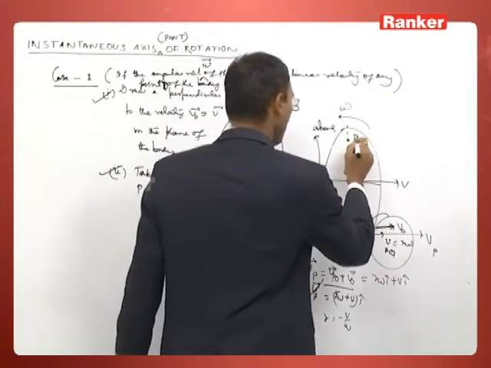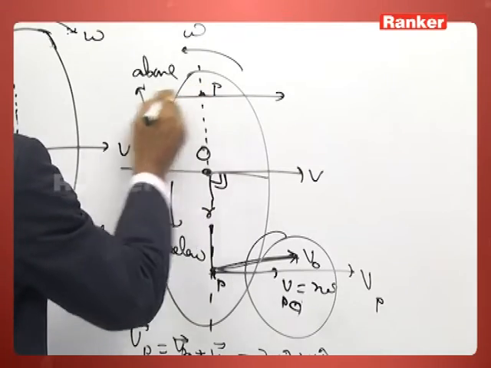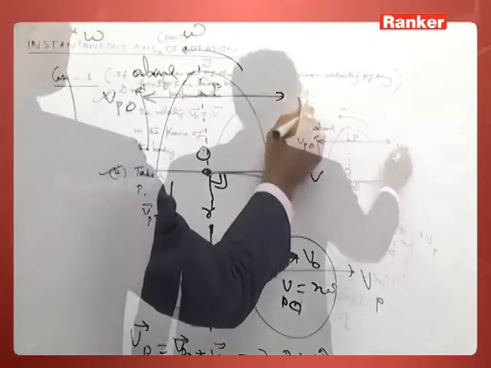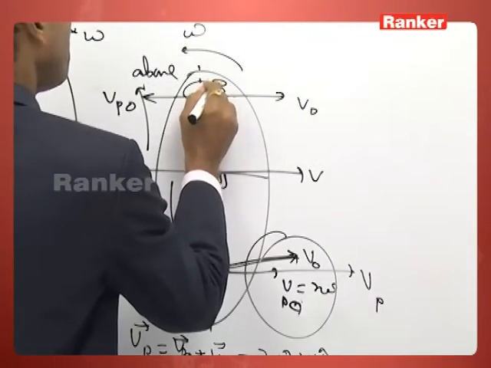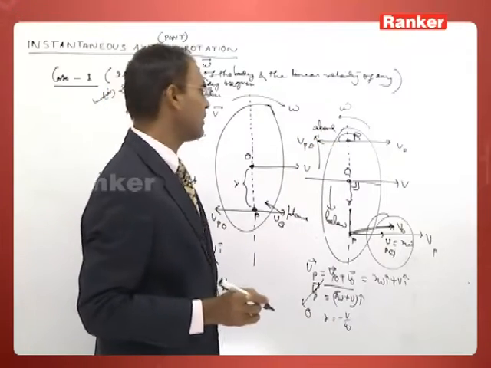When you take above the point O, you can see that this point P is moving back with respect to point O, and point O is moving in this way. When you add these two vectors, that gives you the point P's velocity, which can be equated to 0.